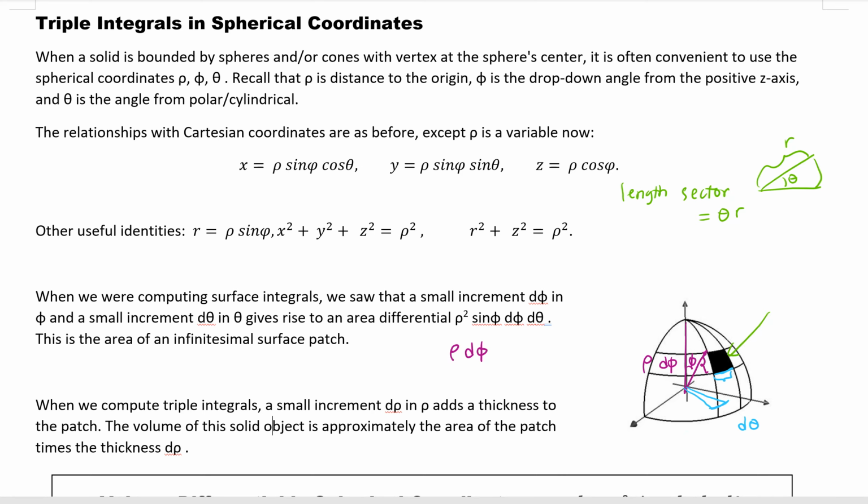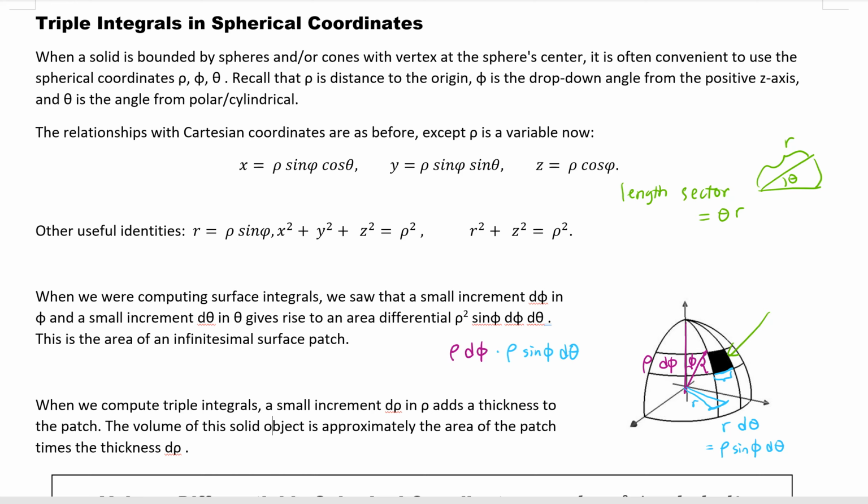And what is the radius of that point? Well, the radius is r. But what is r in terms of rho? We know r is rho times sine phi. So that's why the other length is rho times sine phi d theta. So combining them together, we have rho squared sine phi d phi d theta. This is the area of this patch. So far, so good, everybody?